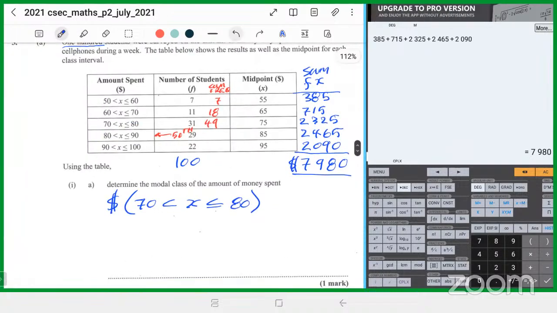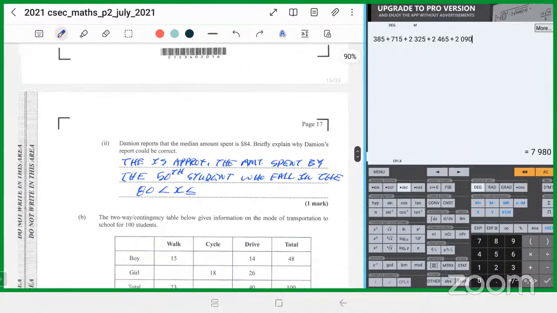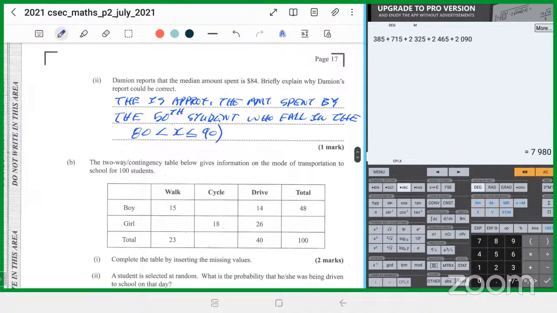See there? 80 to 90 class interval. In the $80 to $90 interval.